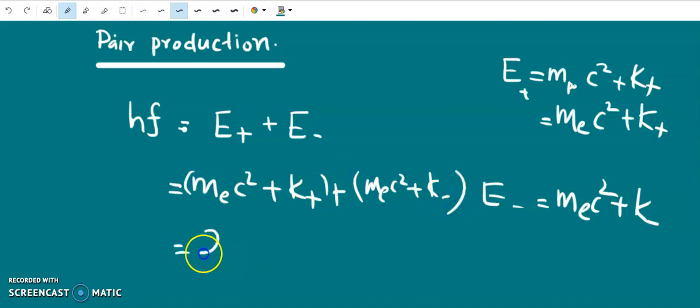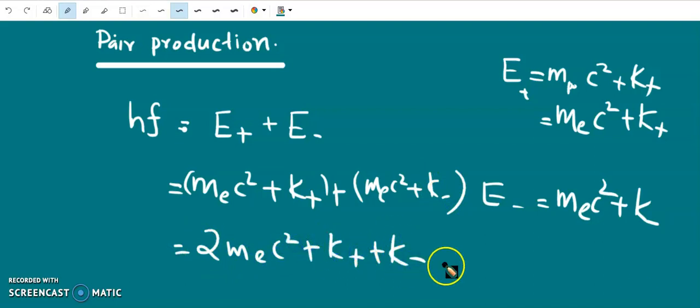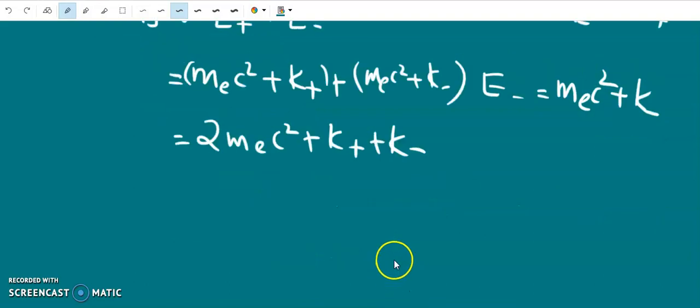So we have h nu equal to 2 m_e c squared plus K plus plus K minus, according to the law of conservation of energy. K plus and K minus are always positive.